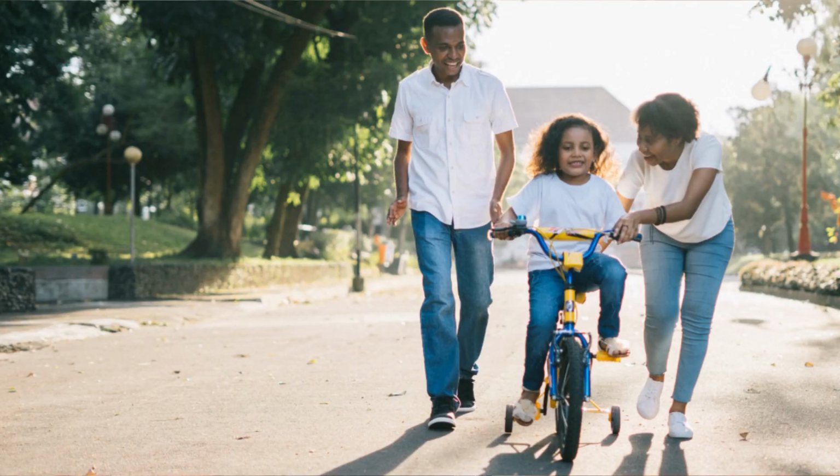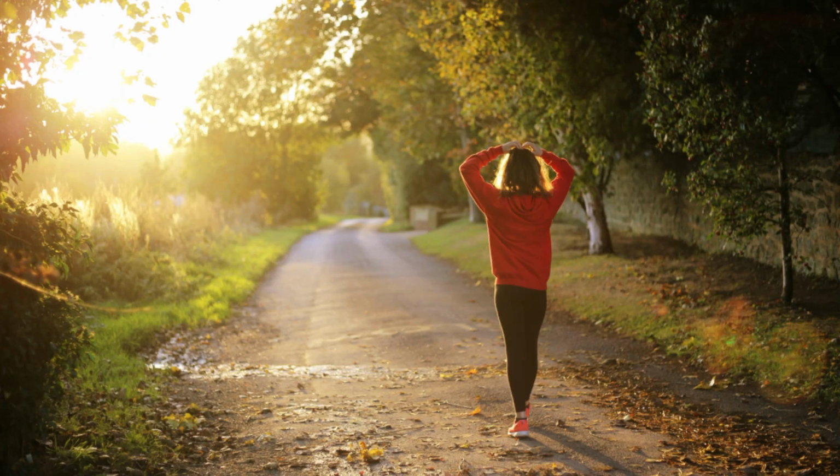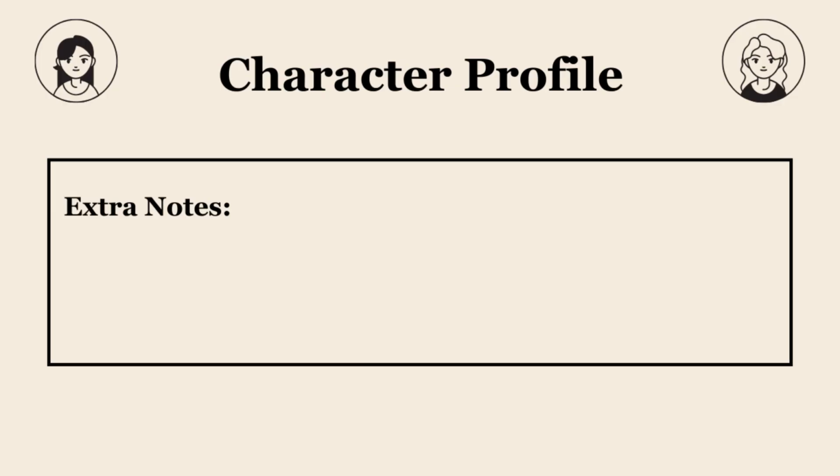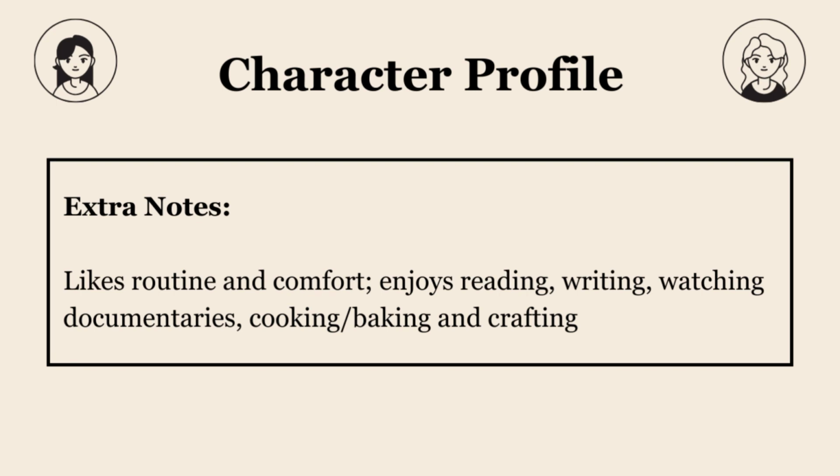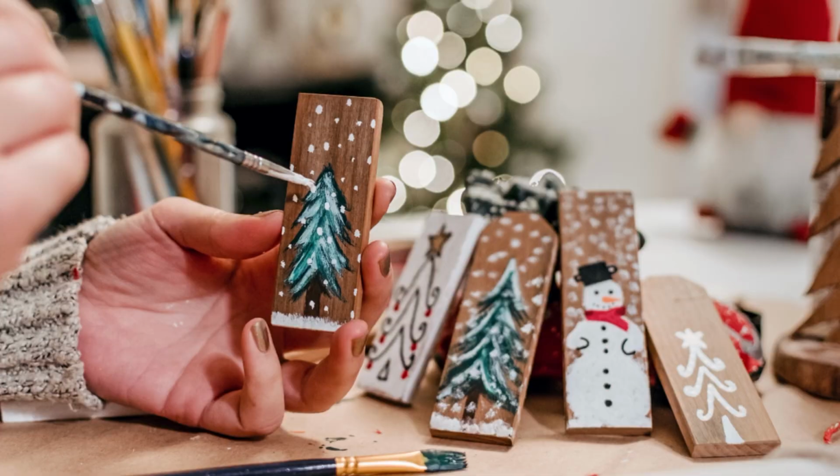I actually need to let others learn and lead for themselves while I focus on myself, again, self-care. And our last piece of information in this character profile chart is the extra notes. This is where you can add any notes that you'd like for your readers to know about your characters. In here, I have likes routine and comfort, enjoys reading, writing, watching documentaries, cooking, baking, and crafting.